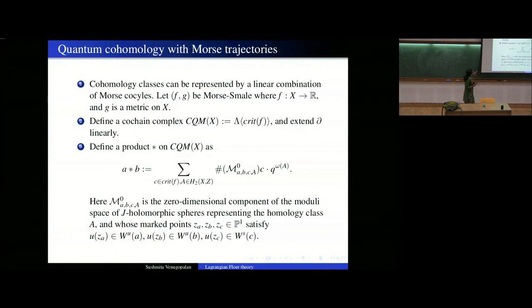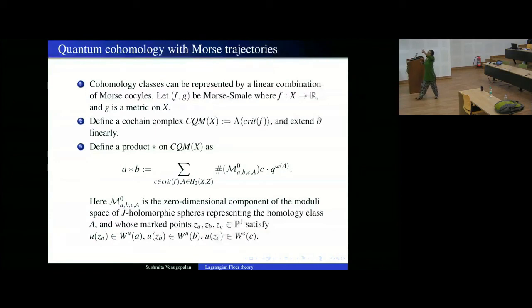Now my cochain complex is generated by the critical points, except that the ring I use is not Z this time, but the Novikov ring, because I need to keep track of the energies. And I define the product in this way.